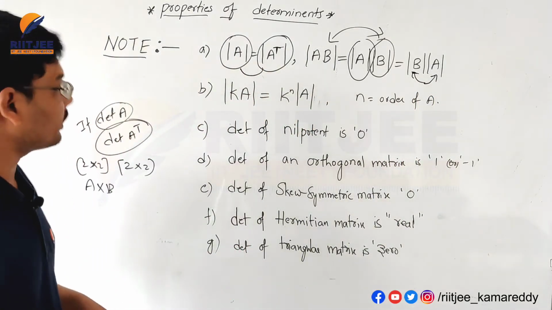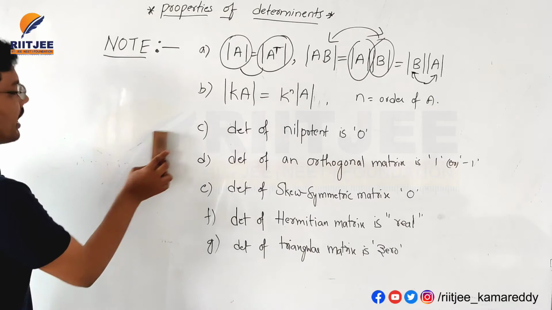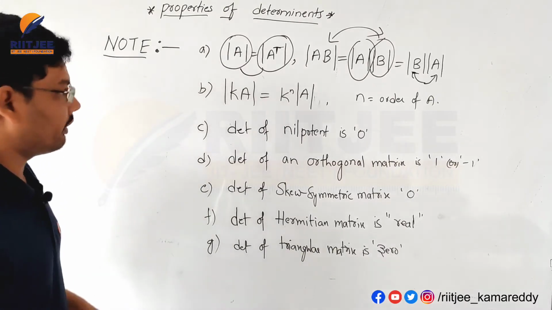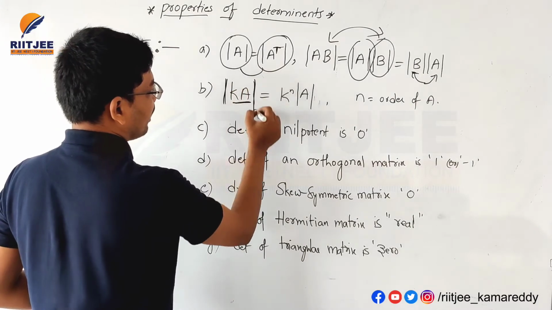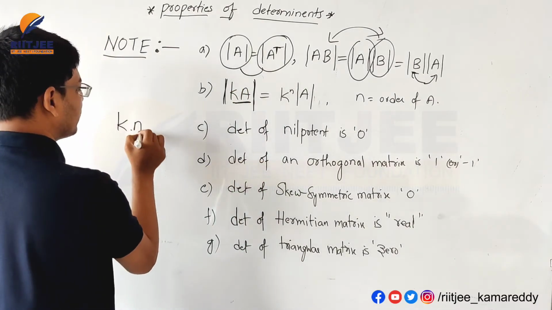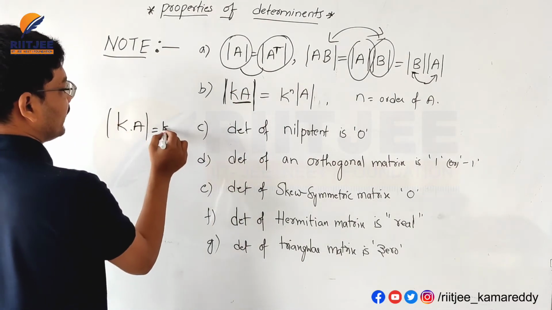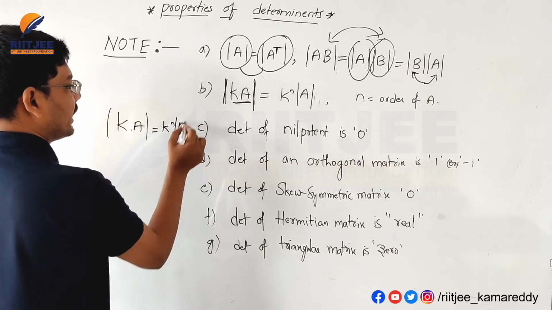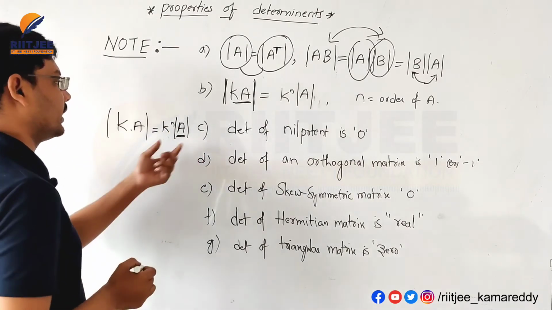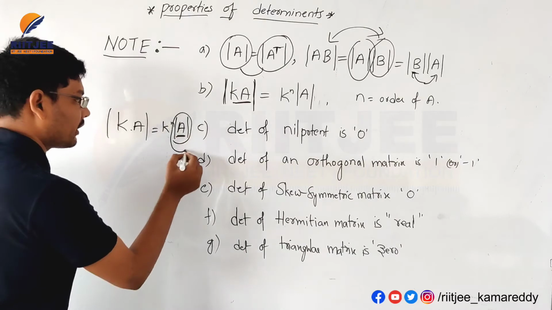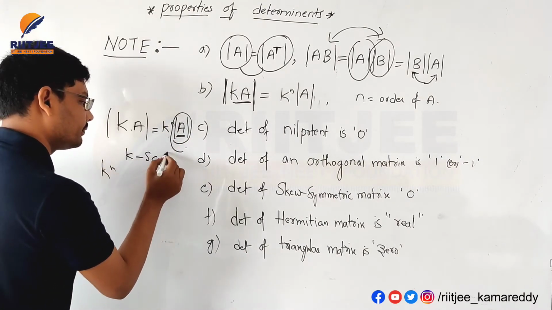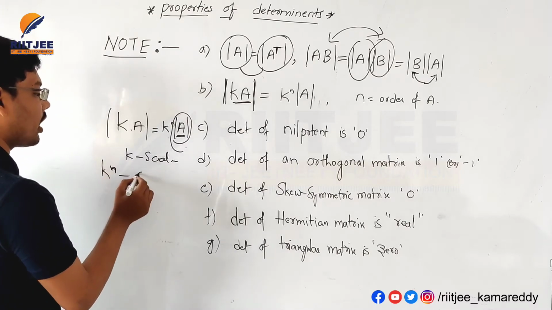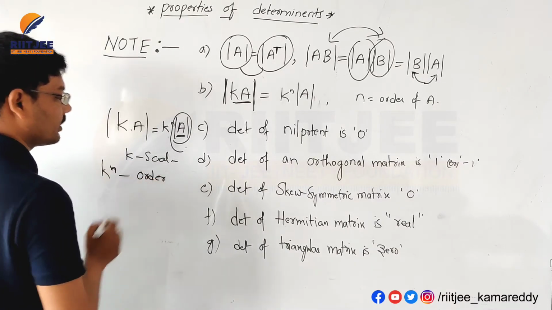This is about note number 1, and modulus of determinant of k into A is equal to k to the power of n times modulus of A. A is nothing but the matrix and mod is nothing but determinant of A, k to the power of n, where k is a scalar quantity and n is nothing but the order of the matrix.